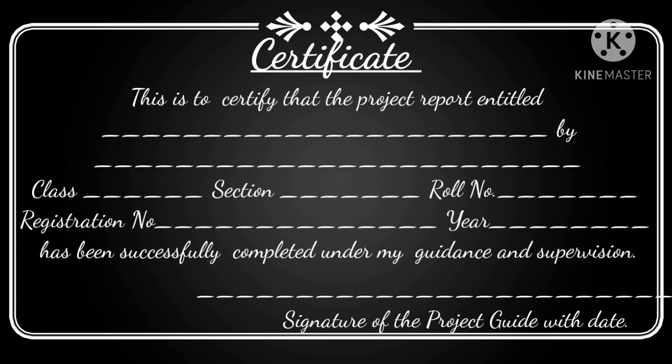So this is your certificate, which your English teacher is going to certify for you. Underneath you're going to write signature of the project guide with date. So your project guide, your teacher, is going to certify this certificate.